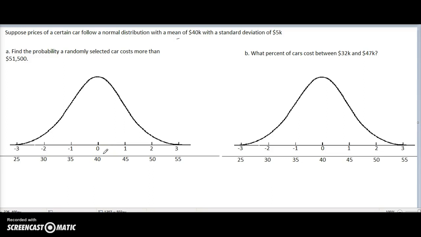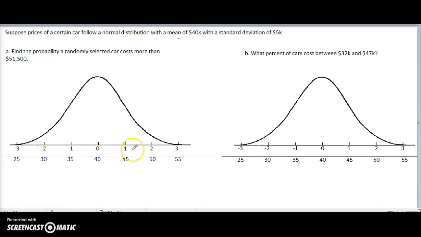And one standard deviation above is 45, and two standard deviations is 50 because the standard deviation is 5,000, and three standard deviations above. And then going the other way, one standard deviation below, two standard deviations below, and 25 below, three standard deviations below.